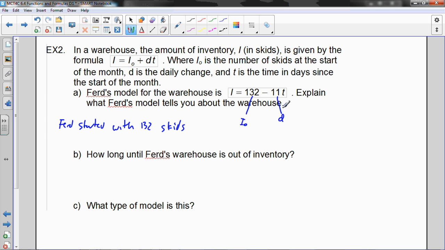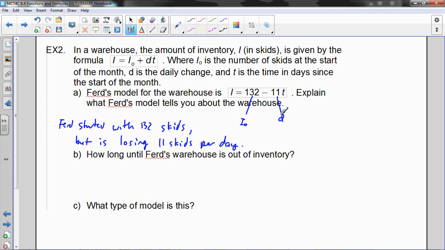And the daily change is minus 11. You see that number, minus 11. But is losing, or shipping out or whatever, losing 11 skids a day. Per day or per week? What's the time here? Daily change. Daily change, no problem. Per day.